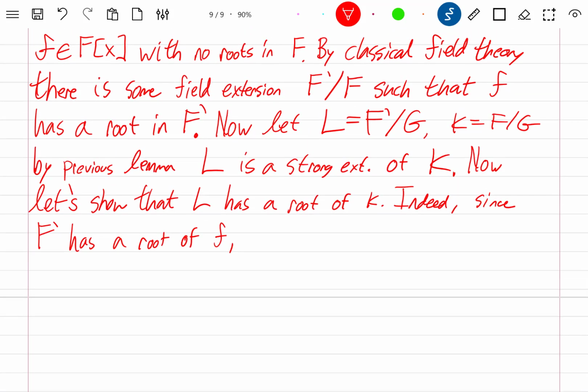So since F prime has a root of f, this tells me that F prime mod G has a root of the induced polynomial, which is k. And this is exactly what we wanted.